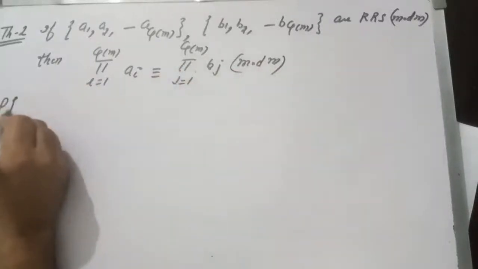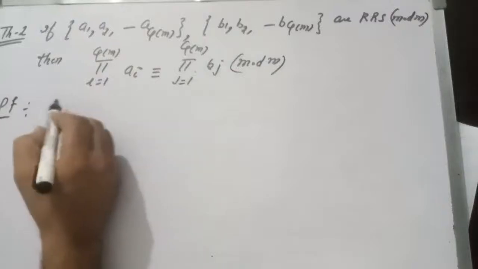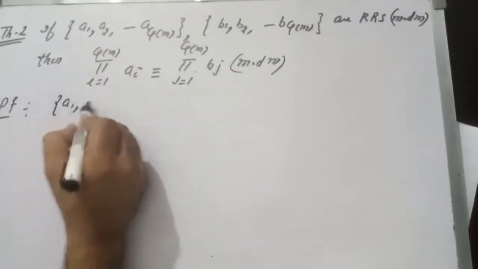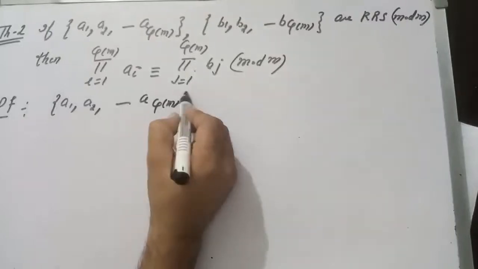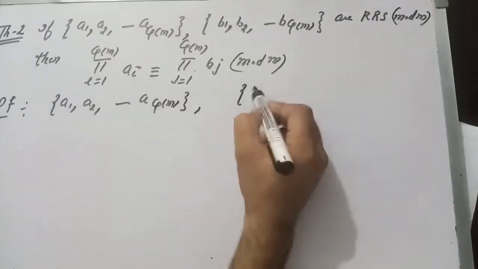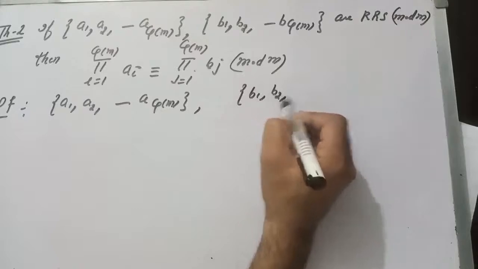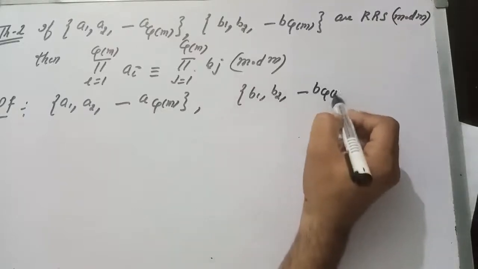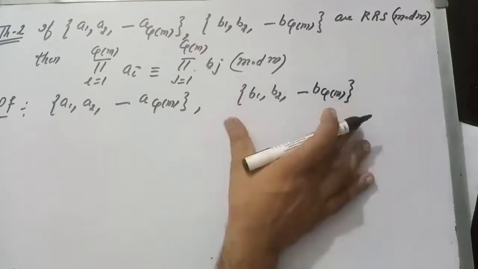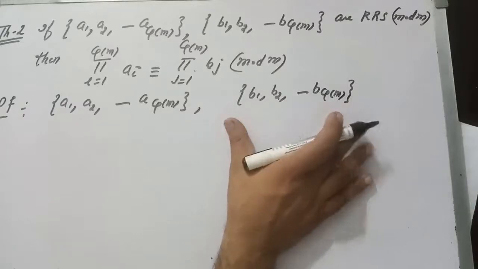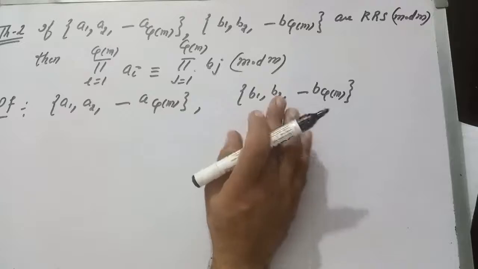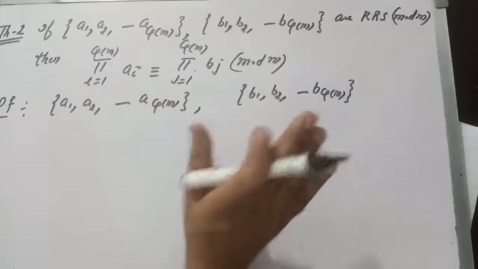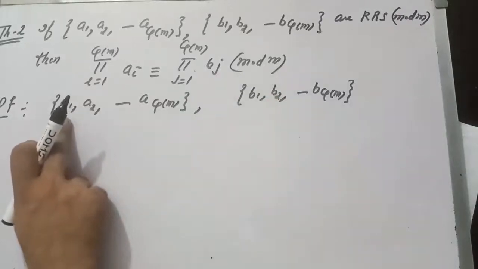So this is very simple. You are given A1, A2, ..., A phi M, one reduced residue system. Similarly B1, B2, ..., B phi M is the second reduced residue system. Now the property of a reduced residue system is that any integer is congruent to exactly one element of it. So if you choose any integer, suppose B1, it will be exactly congruent to one of the elements of the other system. Similarly B2 is exactly congruent to one of them. In the same way, if you choose A1, it is congruent to exactly one element, and A2 is congruent to exactly one element.